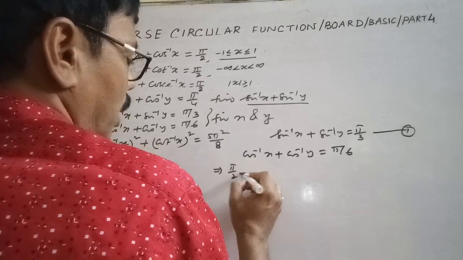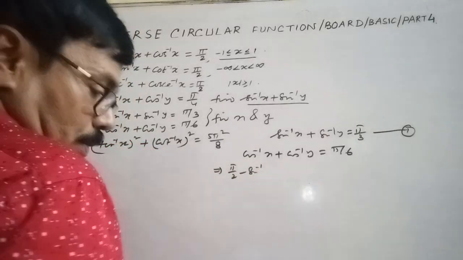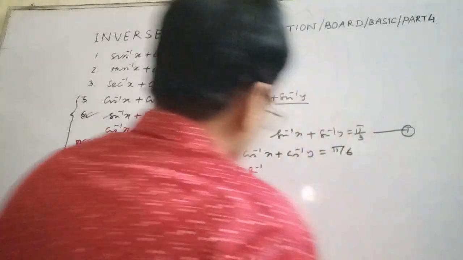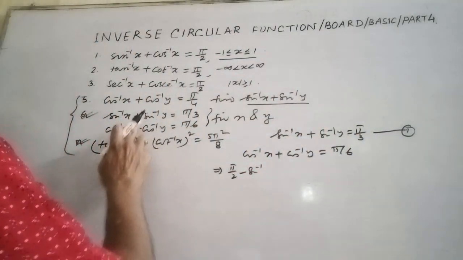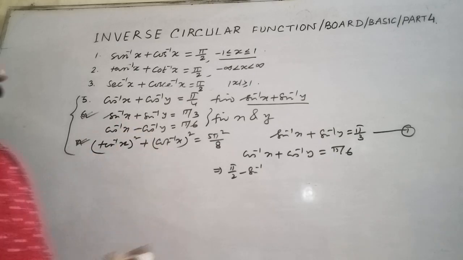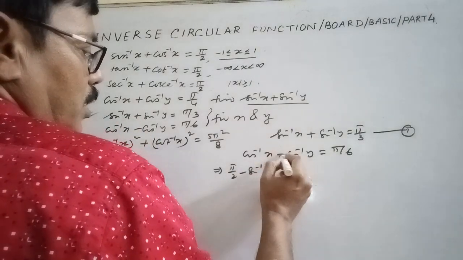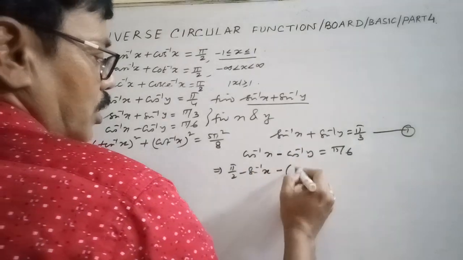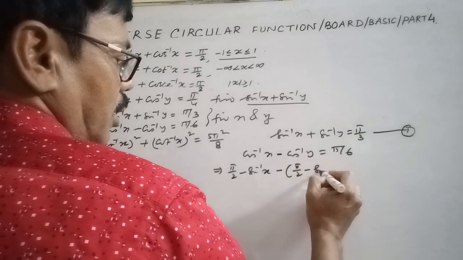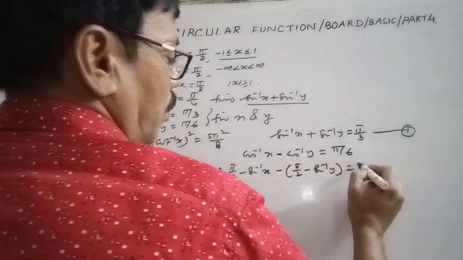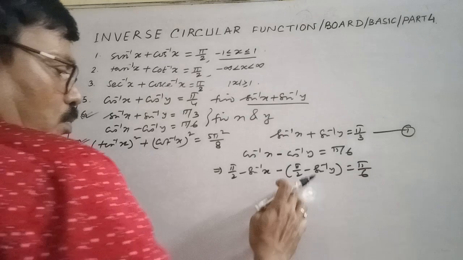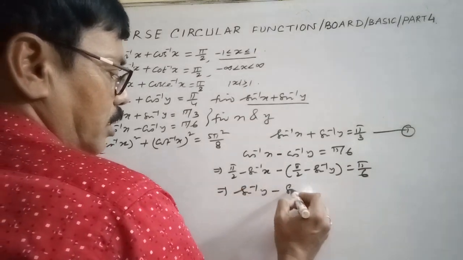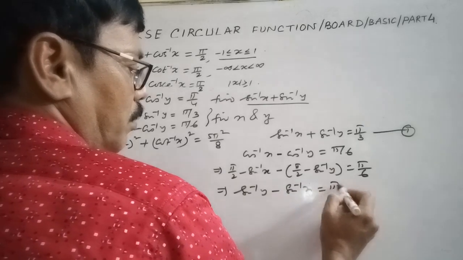Using pi by 2 minus sin inverse for each, pi by 2 cancels, and we get sin inverse y minus sin inverse x equals pi by 6.